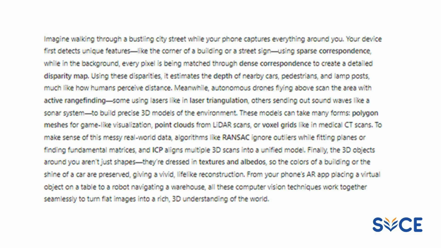First, it notices special spots like the corner of a building or a street sign. I call this sparse correspondence. Then it starts matching almost every pixel between the images. That is dense correspondence.